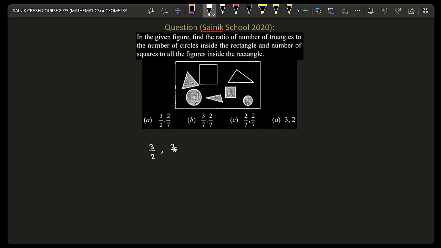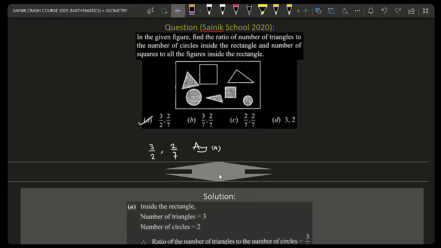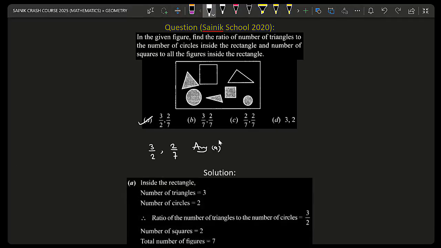Sir, seven figures, sir. 2 by 7. Which option? Sir, option A. Option A. Very simple question, no, Manaswini? Yes, sir. Just you should know the names of shapes, then you can answer this question. So the ratios are 3 by 2 and 2 by 7.